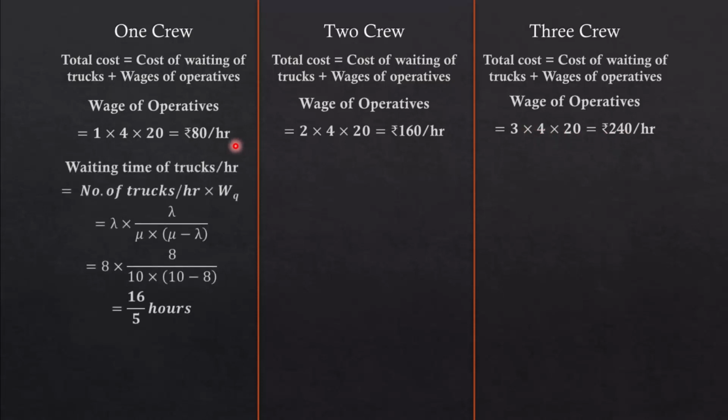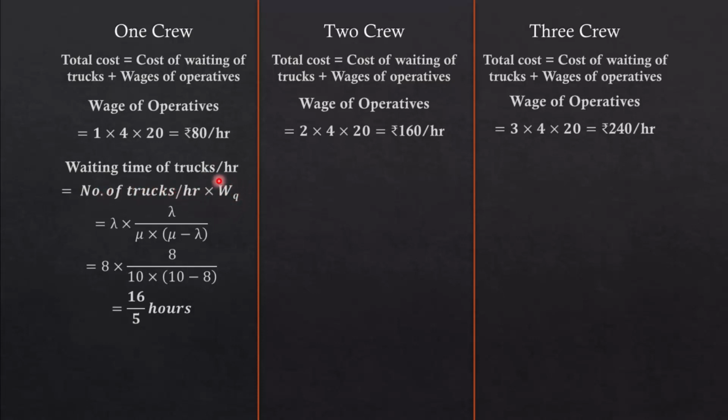Now let us calculate the second part, that is the cost of waiting of trucks. In order to calculate this, first we need to calculate the waiting time of trucks per hour, because we have calculated the wage of operatives per hour. Now it can be given as Wq multiplied by the number of trucks per hour.